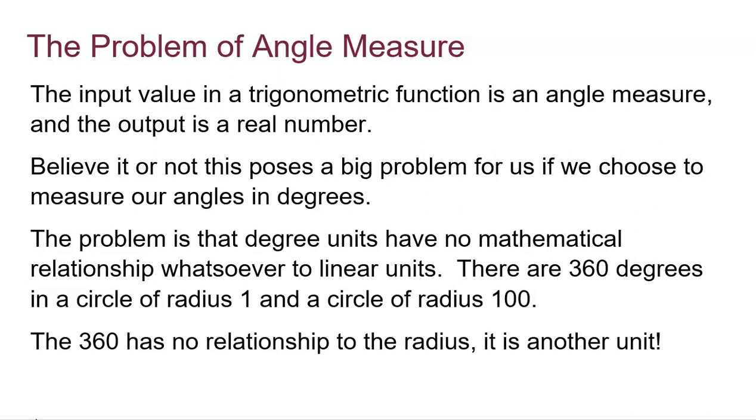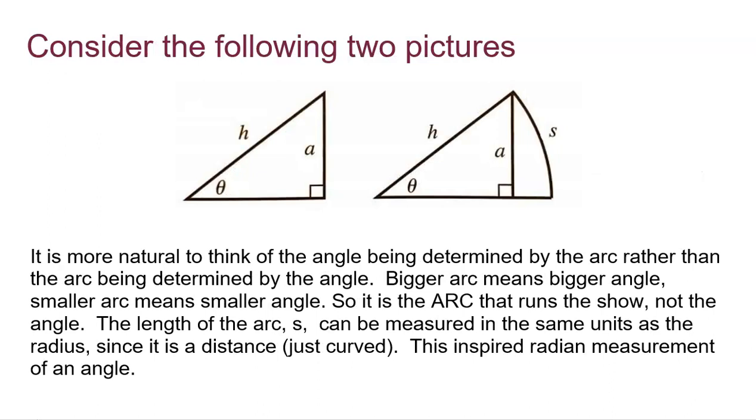But the radius is going to be another unit, because radius is measured in feet, inches, meters, centimeters, whatever unit you would like to use for the linear measurement. But that means that a radius has a linear measurement, feet, miles, meters, what have you, and an angle has a degree measurement, and that doesn't seem to work. So we came up with a better way.